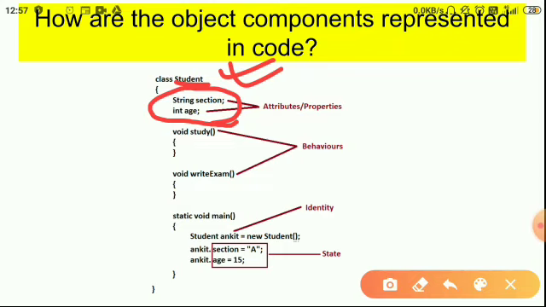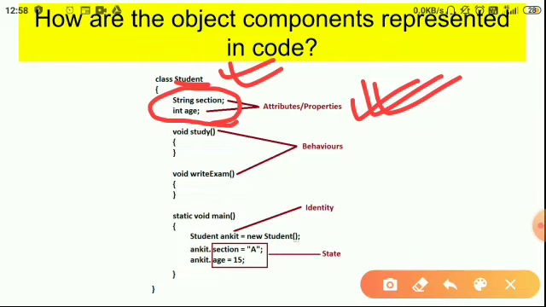Section will be storing the section in which the student is studying, and age will be storing the age of the student. So remember, these are attributes, and finally I have created two actions.